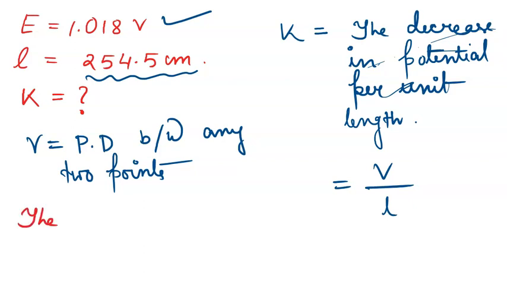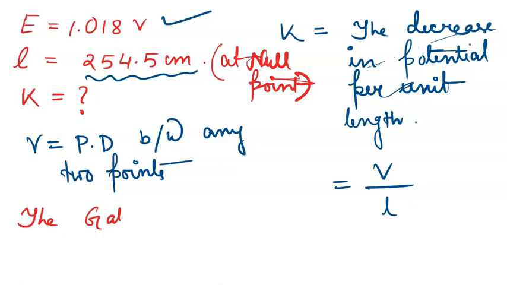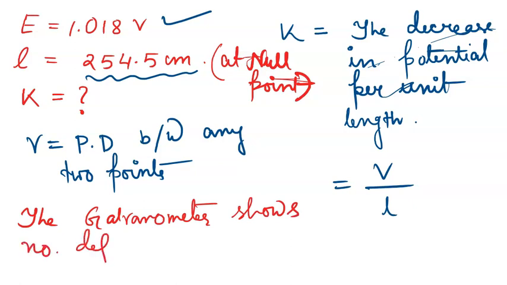So at this length, the null point will be at 254.5 centimeter from the high potential point. Null point means the point where the galvanometer will show no deflection, that is, no current will pass. And that particular point is known as null point, and the distance from the high potential point will be 254.5 centimeter in the potentiometer wire.